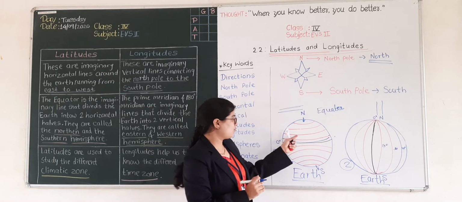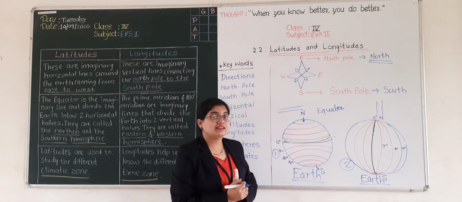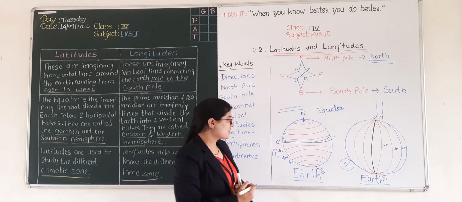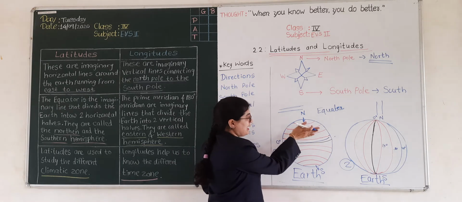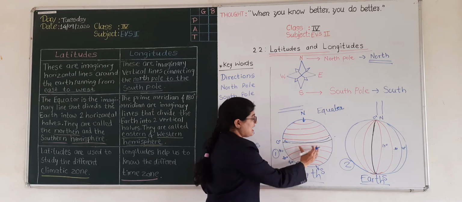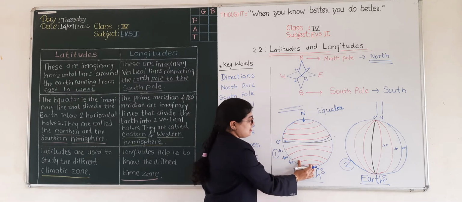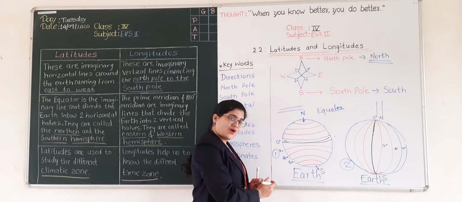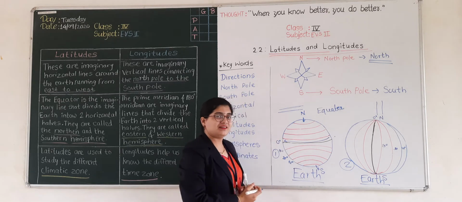What is it? It is nothing but a hemisphere. So the upper hemisphere is the northern hemisphere, and the downside, towards the south, is called the southern hemisphere.